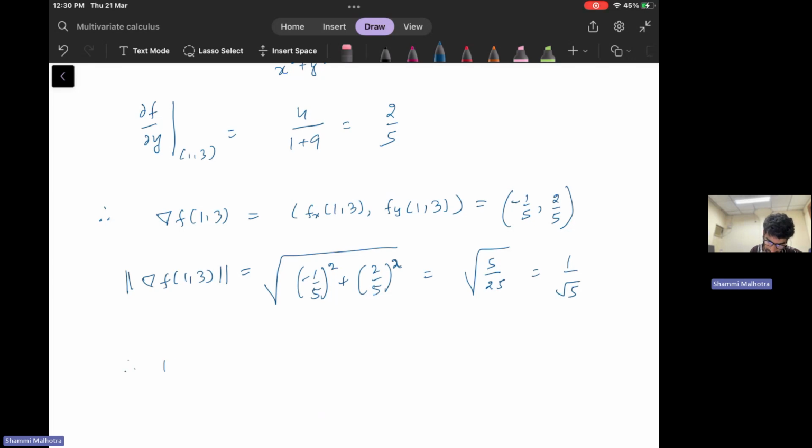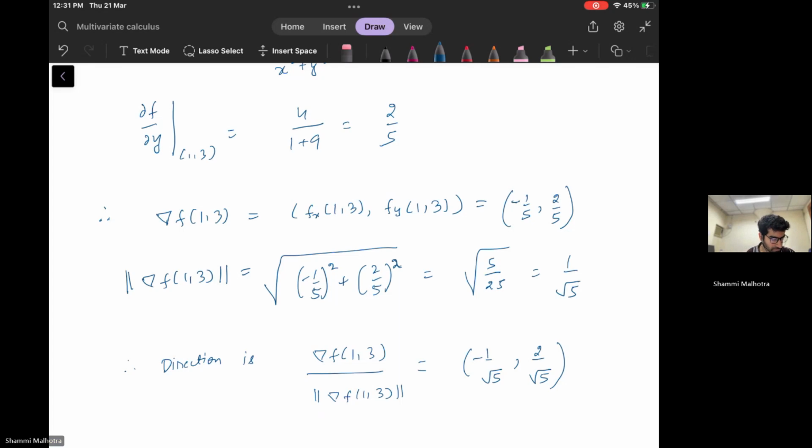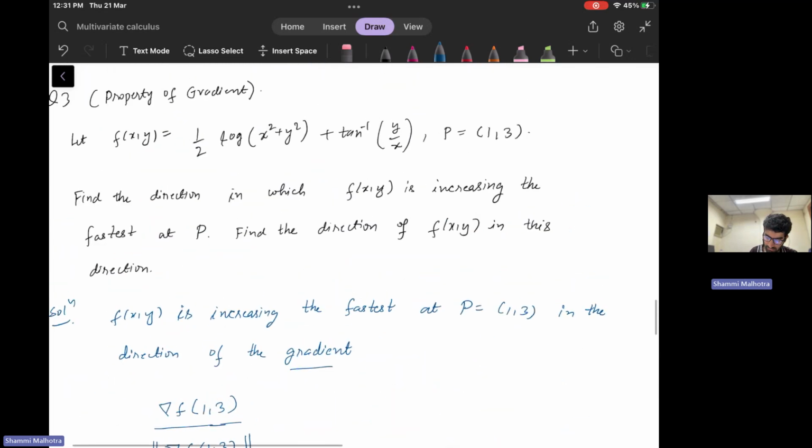Thus the direction is minus 1 by root 5, 2 by root 5. So this is our required direction in which f is increasing fastest at p.